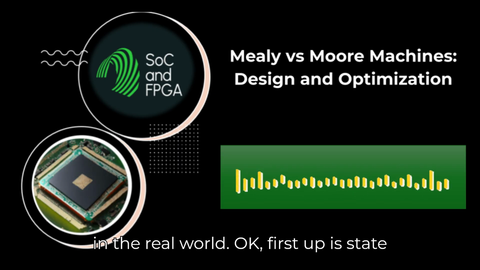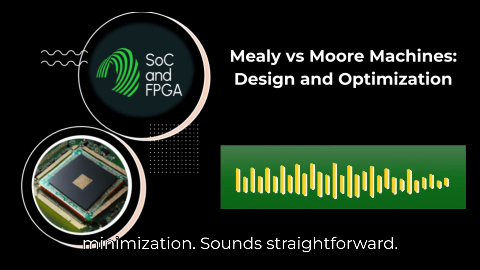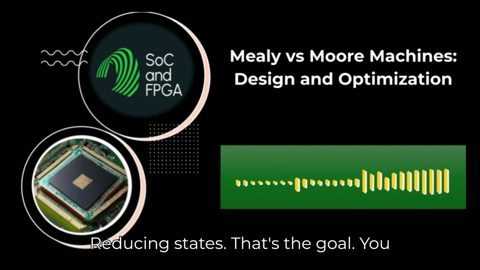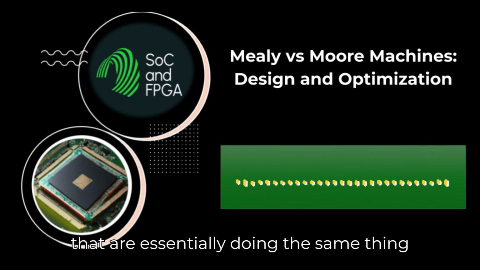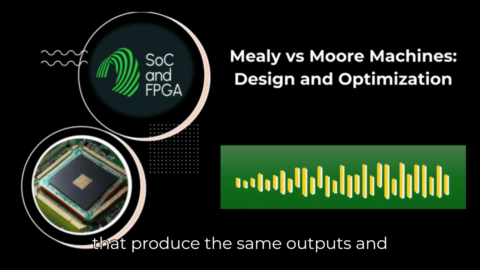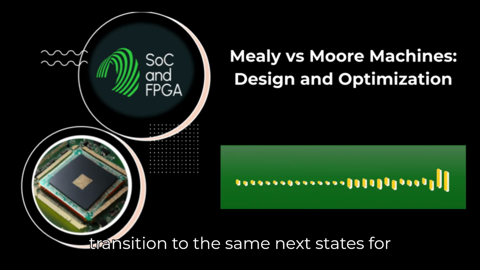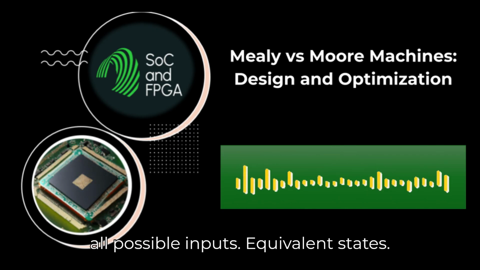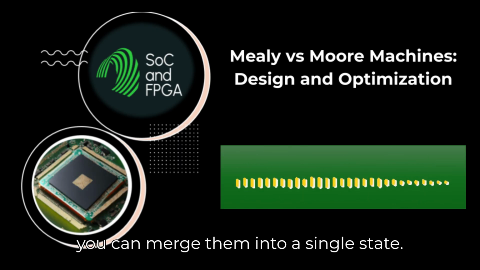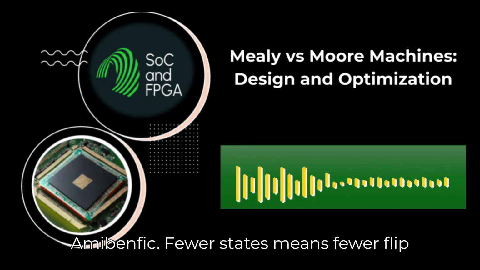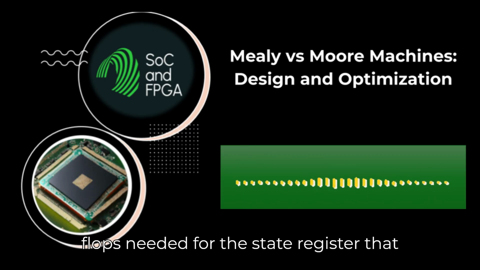Okay, first up is state minimization. Sounds straightforward, reducing states. That's the goal. You analyze the FSM and try to find states that are essentially doing the same thing, that produce the same outputs and transition to the same next states for all possible inputs. Equivalent states. Precisely. If you find equivalent states, you can merge them into a single state. And the benefit? Fewer states means fewer flip-flops needed for the state register.